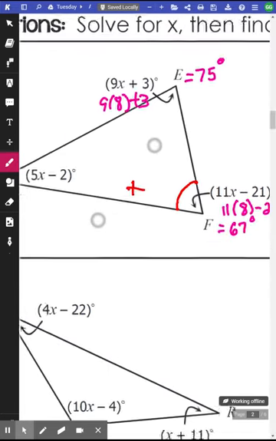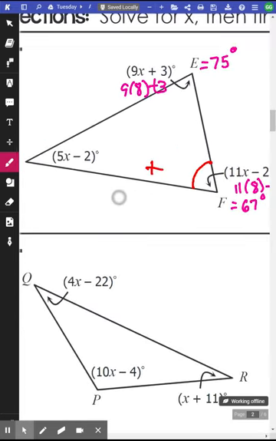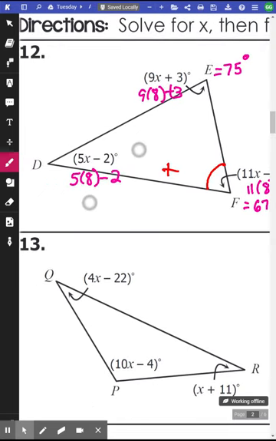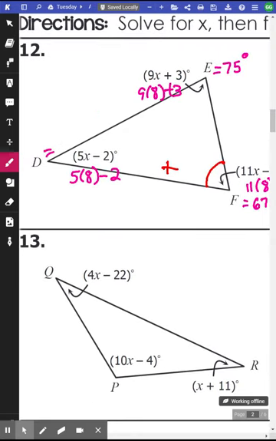Now, if you want, you can use 180 minus 75 minus 67. That's up to you. But we're doing the whole substitution thing. So we're going to do 5 times 8 minus 2. We get 38 degrees.